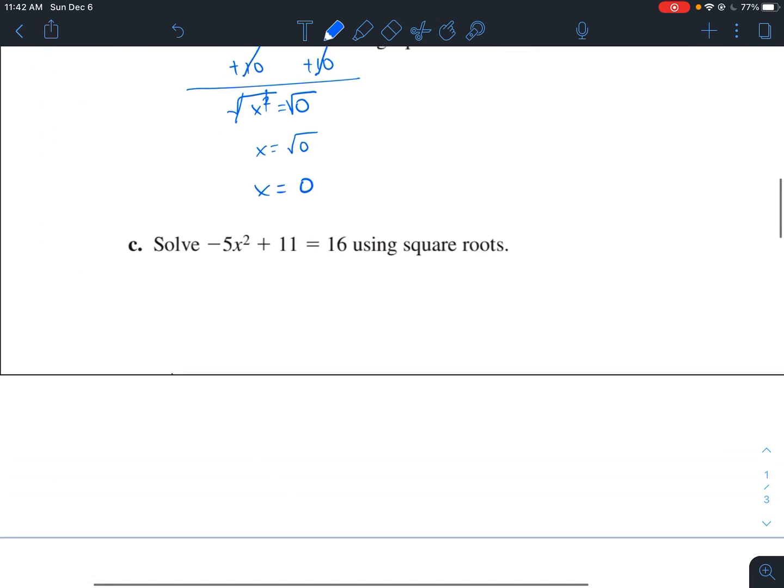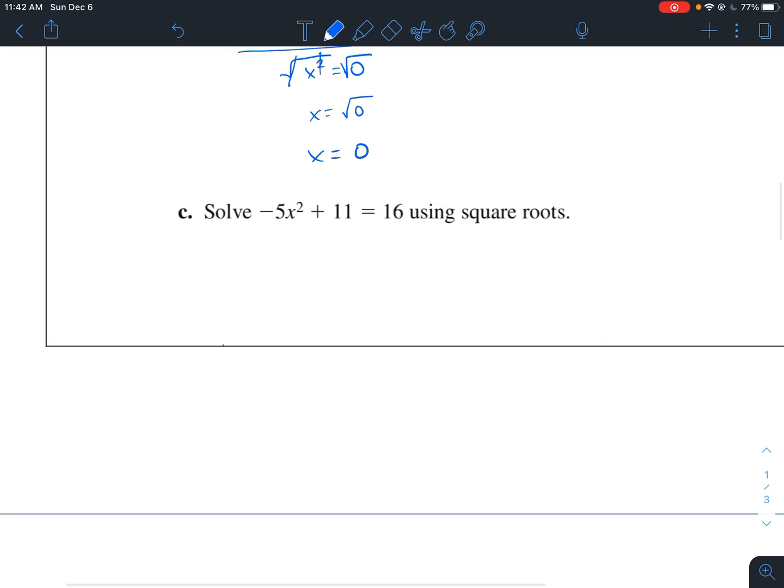Alright, let's try C now. So let's subtract 11 from this side. What I do to one side, I have to do to the other. So then I get negative 5x squared is equal to 16 minus 11. I believe that should be 5.